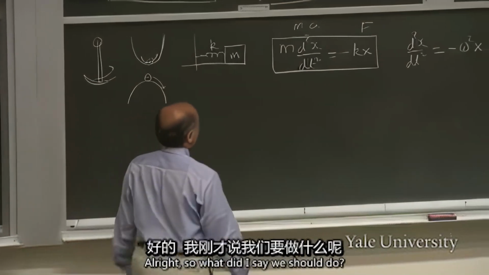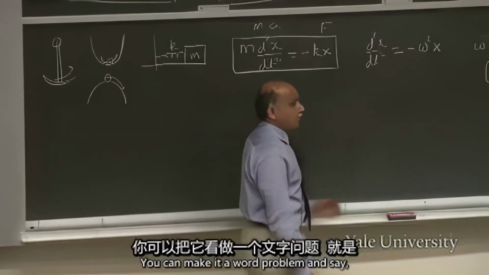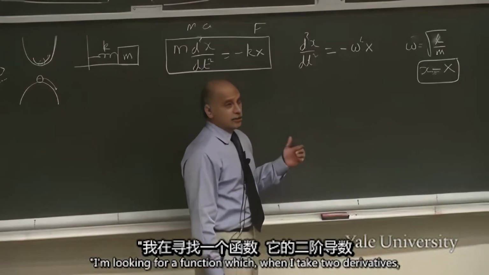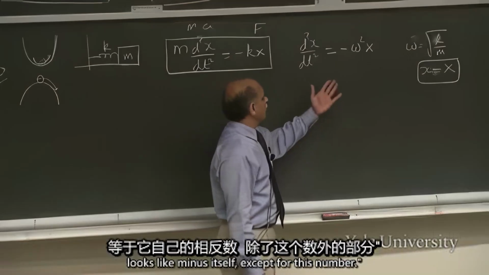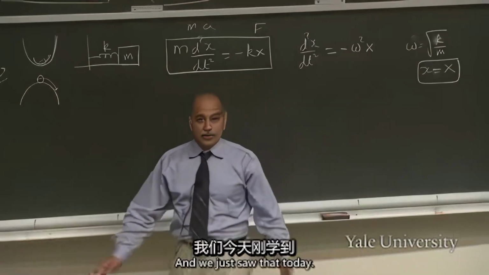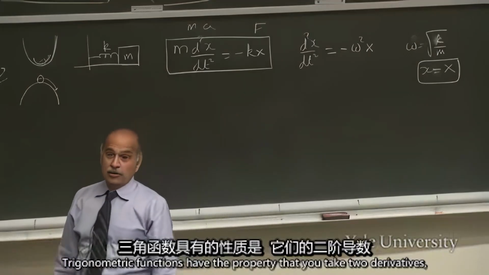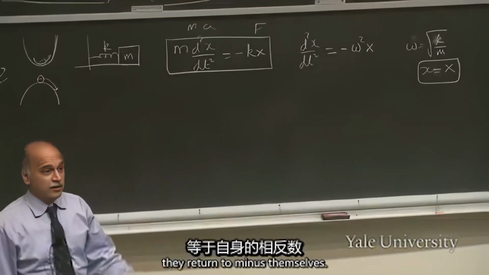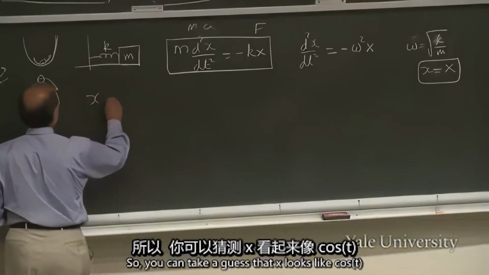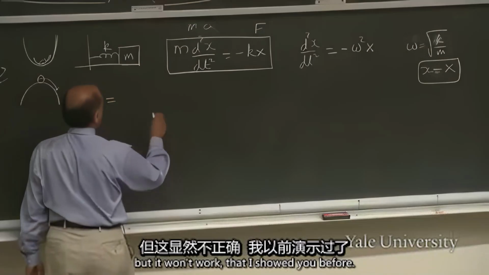All right, so what did I say we should do? You can make it a word problem and say, I'm looking for a function which, when I take two derivatives, looks like minus itself, except for this number. And we just saw that today. Trigonometric functions have the property that you take two derivatives, they return to minus themselves. So you can take a guess that x looks like cosine t, but it won't work.